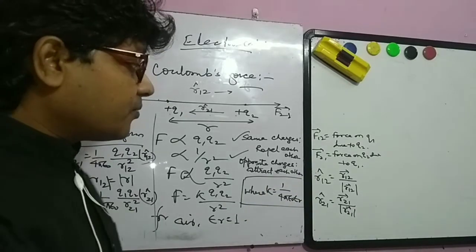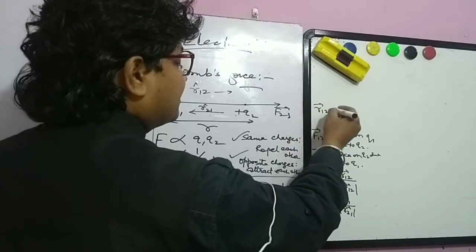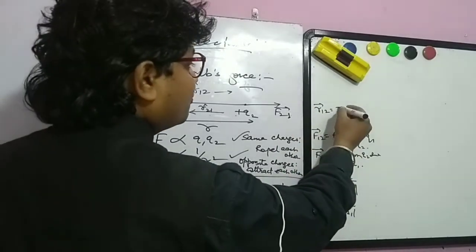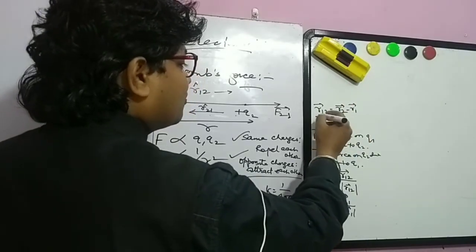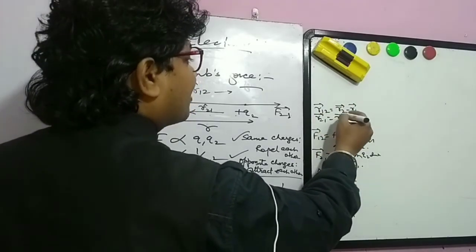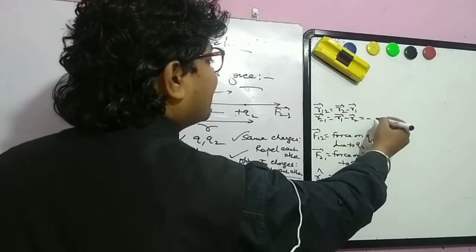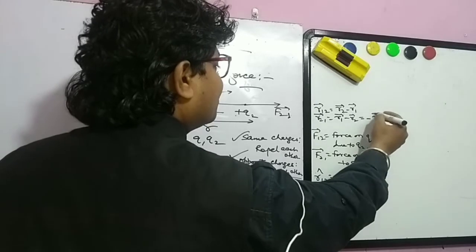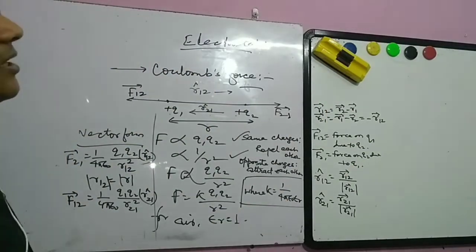Now the question is, what is R12? So R12 we can write, this is the position vector, R12 we can write R2 vector minus R1 vector, and R21 we can write R1 vector minus R2 vector, or simply minus of R12 vector, right? So we have got everything here.